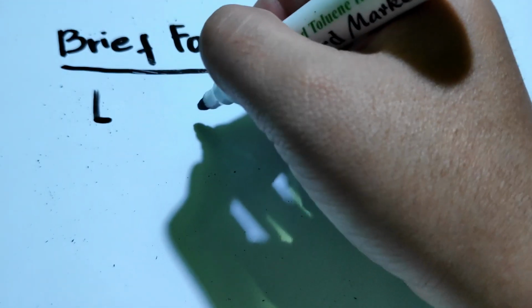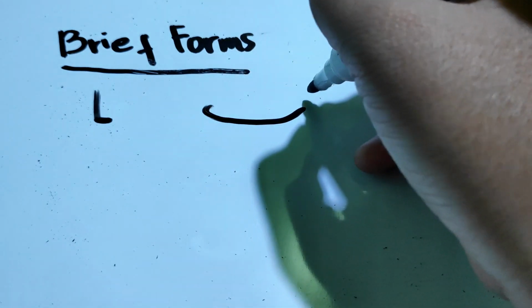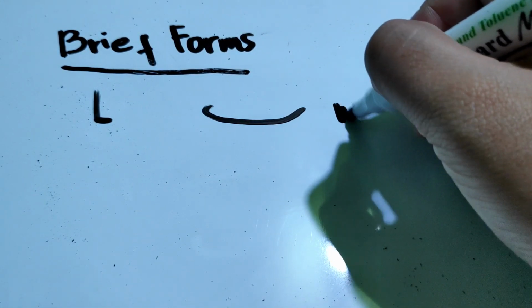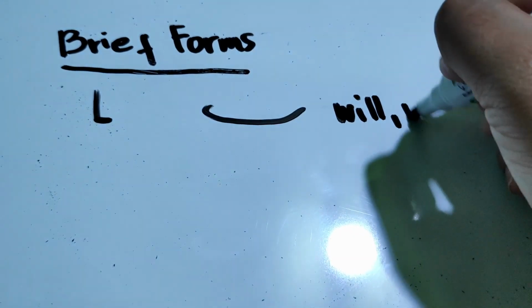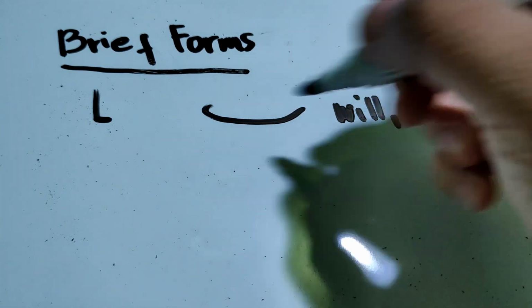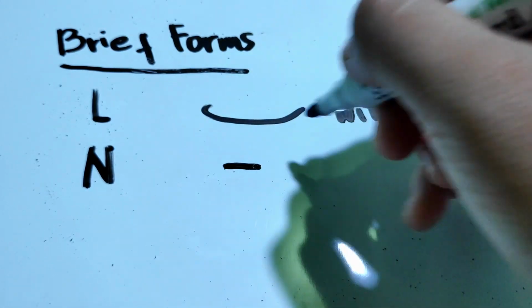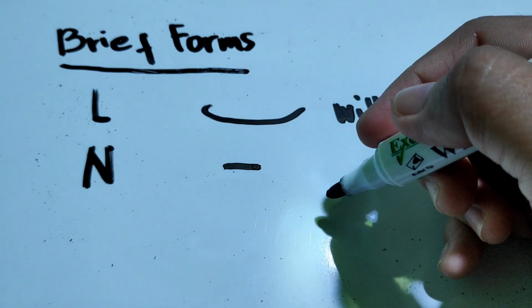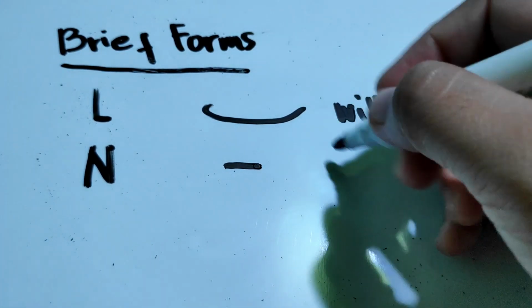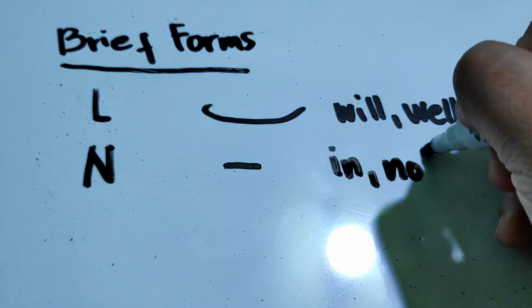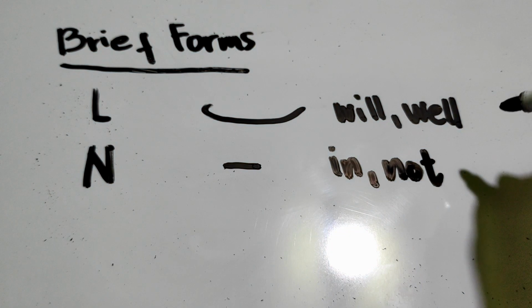Next letters are the letter L. So, if the letter L, ang ihang sign kay inana, ang iyahang transcription is duha. Will and well. Okay, nakuha? For the letter N, ang iyahang sign or ang iyang stroking is a short horizontal line. Ang iyahang transcription in words is the in and not.